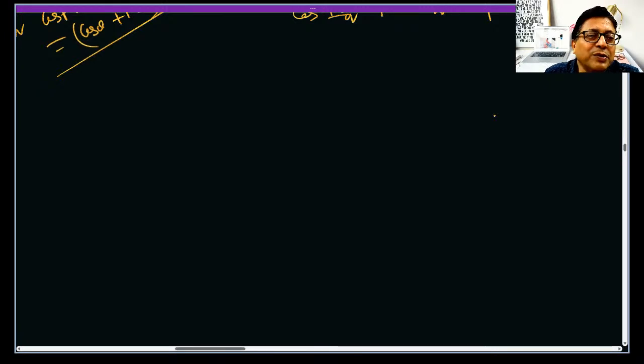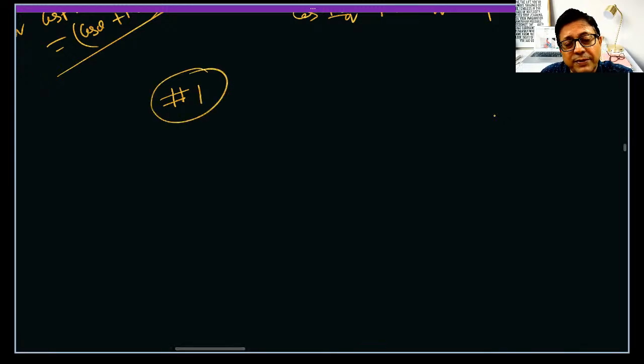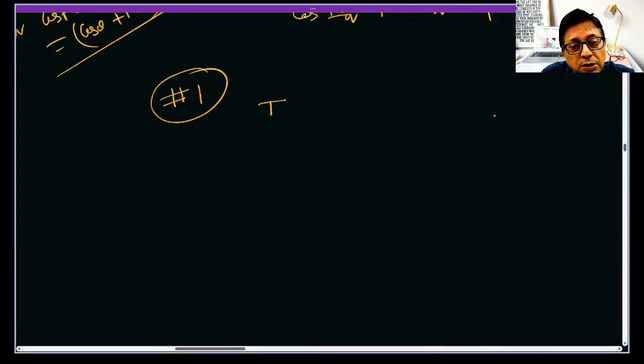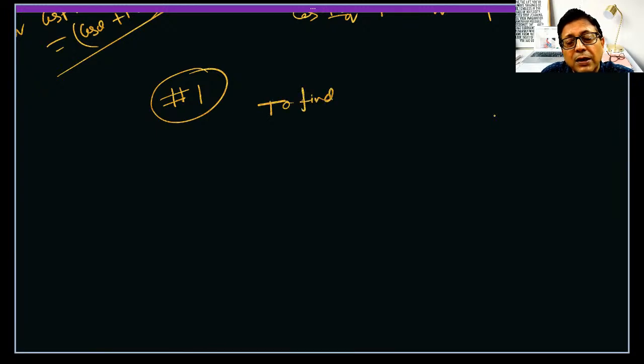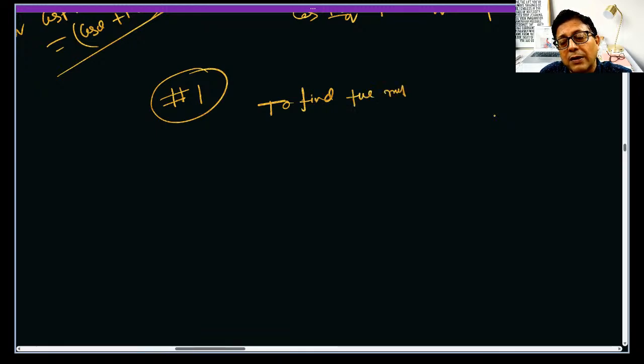Now I am going to show you some applications of de Moivre's theorem. Okay, the first application, why it was invented, is to find the roots of 1. You know, the square root of 1 is plus minus 1.